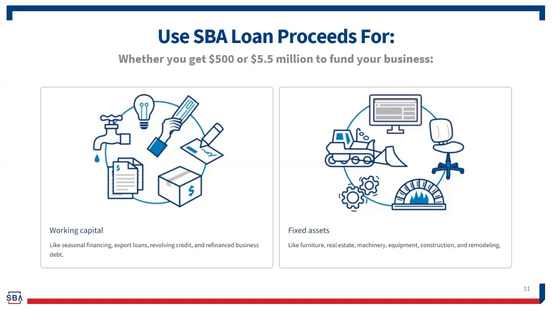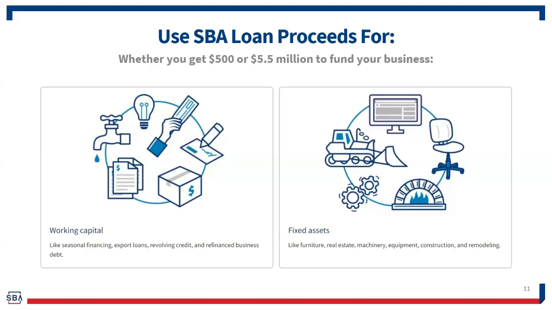If you're interested in selling overseas, we do have loans for that. We have revolving lines of credit, which are very limited in scope, but we do allow our revolving lines of credit. We do refinance business debt as well, which is important, because if for some reason you have a current loan and you're not working with your lender very well, you're having a hard time getting in touch with them or whatever, you can actually refinance it as long as you show that it was for business.